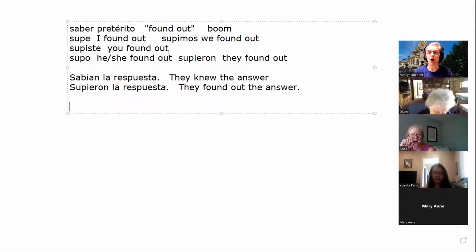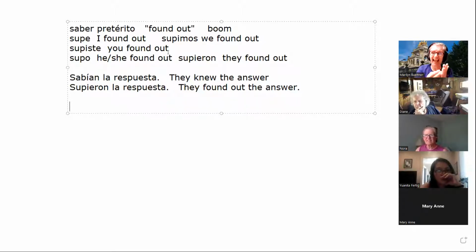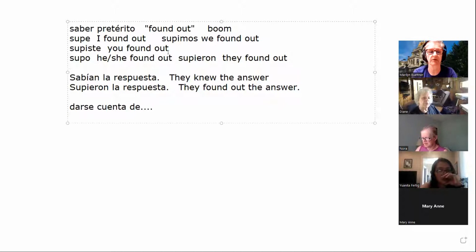They found out. Okay, can this mean they realized? It could, in a way, if you mean realized as boom, boom, boom. But remember, there are other ways we can say realized. A more exact translation of realized is darse cuenta de, to realize something. It's reflexive.